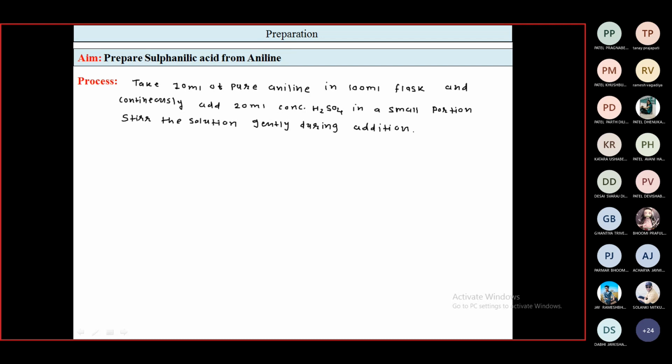See, you are adding H2SO4, so keep stirring continuously during addition and keep it cool occasionally. Temperature exothermic process થી rise ન થાય એ ધ્યાનમાં રાખી અને એને કુલ કરતું રહેવાનું.